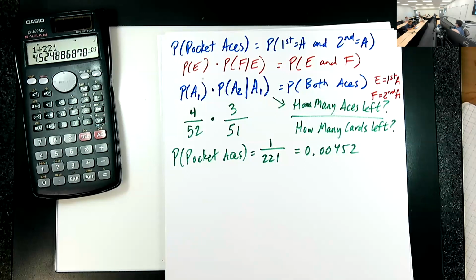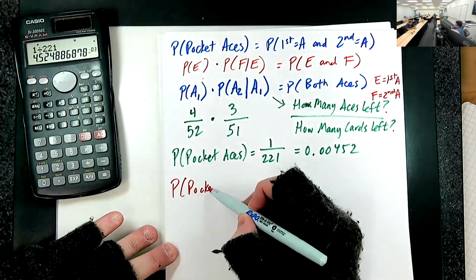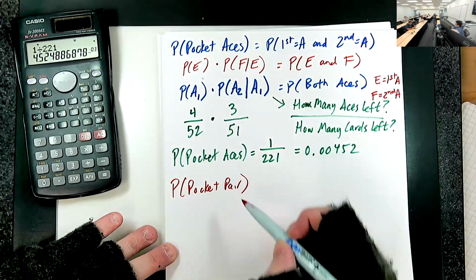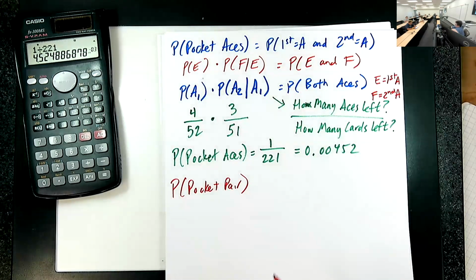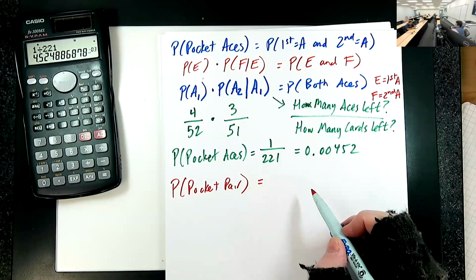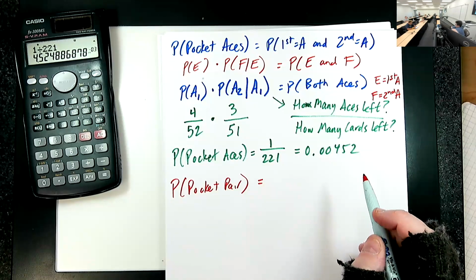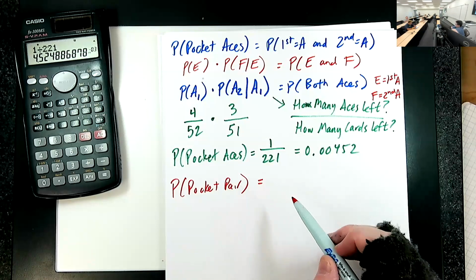And if we expand on this just for a second, probability of getting any pocket pair. Well, this was specifically aces. So if I want to do any pair, there are 13 different ones of these.